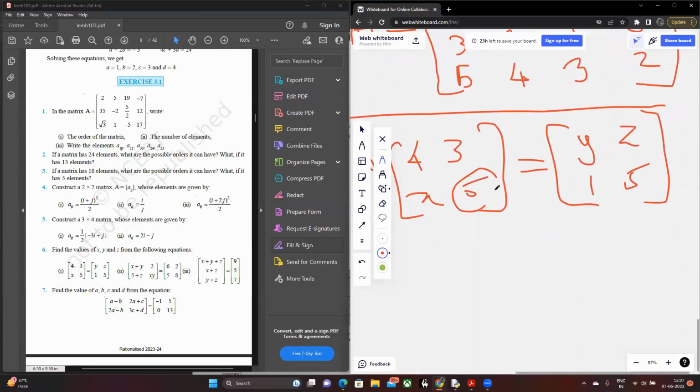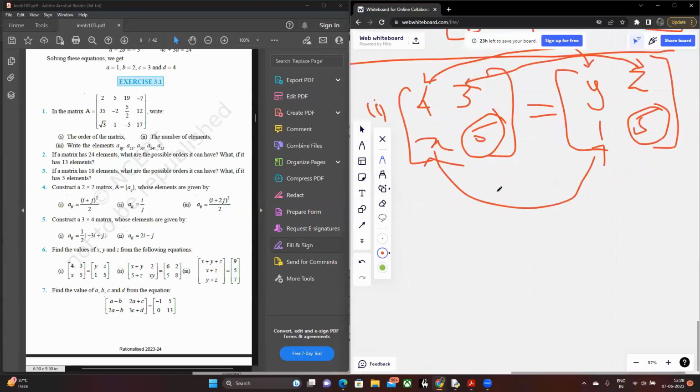First of all, note that the constant on both sides is the same, right? If it's not the same, then this equality cannot hold, right? And if it cannot hold, then you can't find the value of x, y, z. Since these are equal, then you can basically equate these elements. You can equate these elements, and you can equate these elements, right?